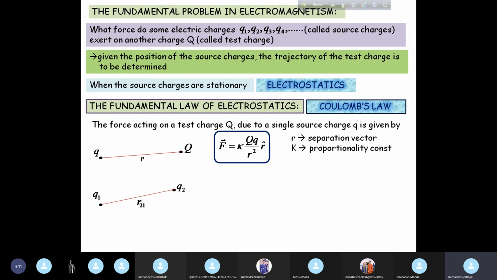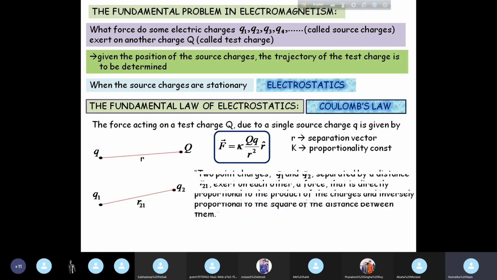The straight line joining the two charges q1 and q2 has a magnitude r21. So this is the more elaborate statement of Coulomb's law. Two point charges q1 and q2 separated by a distance r21 exert on each other a force that is directly proportional to the product of the charges and inversely proportional to the square of the distance between them. I hope all of you know this law, Coulomb's law.